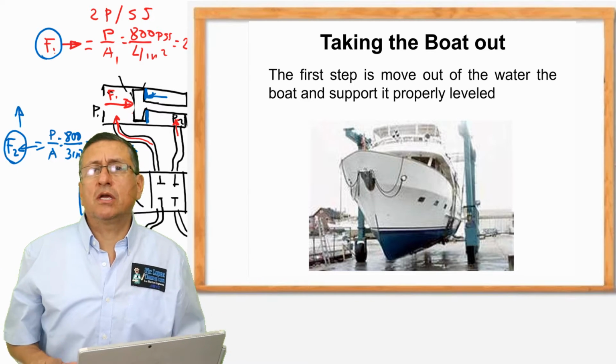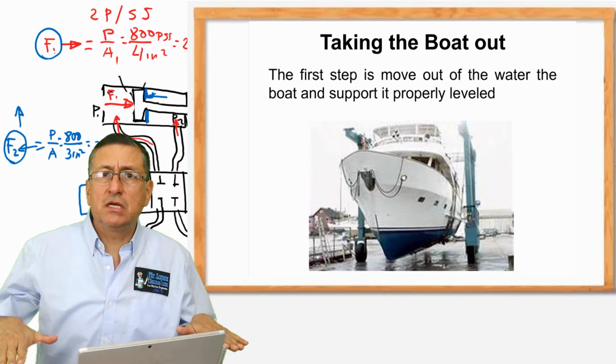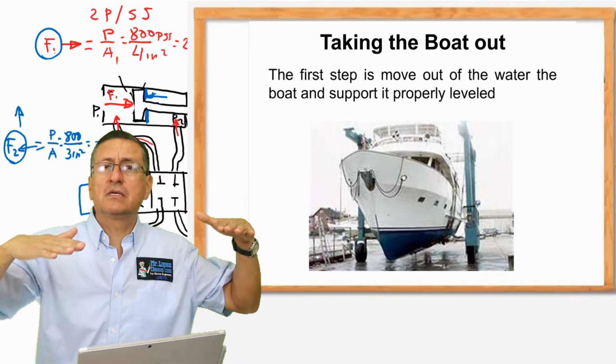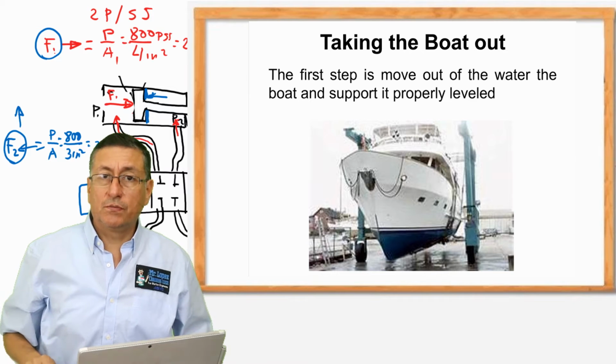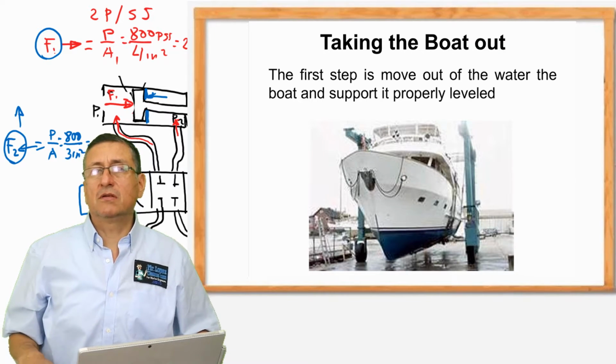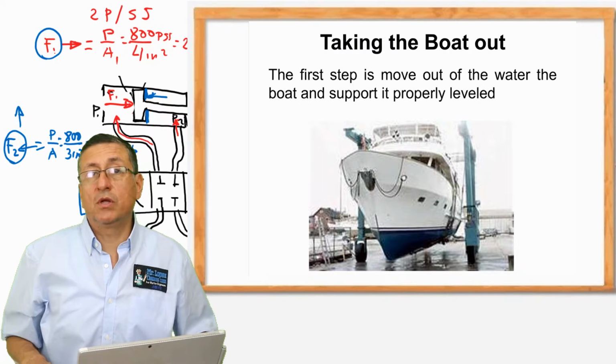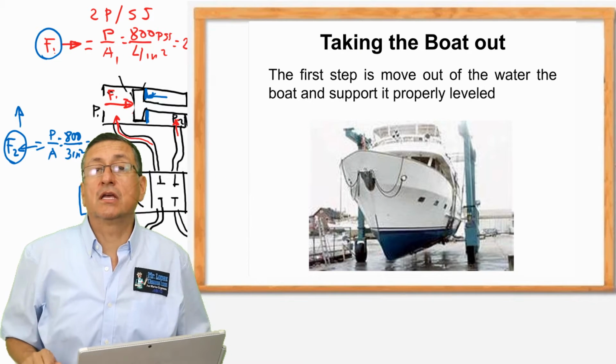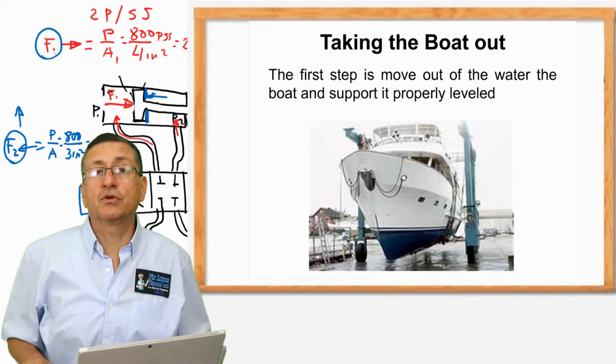And during docking, it's supposed that the boat is level. Those elements, the bow thruster and stern thruster, are not used when the boat is at high speed or when the boat is running. It's only for docking procedures.